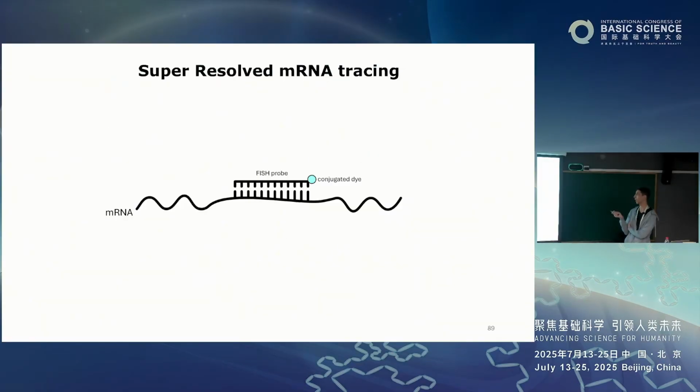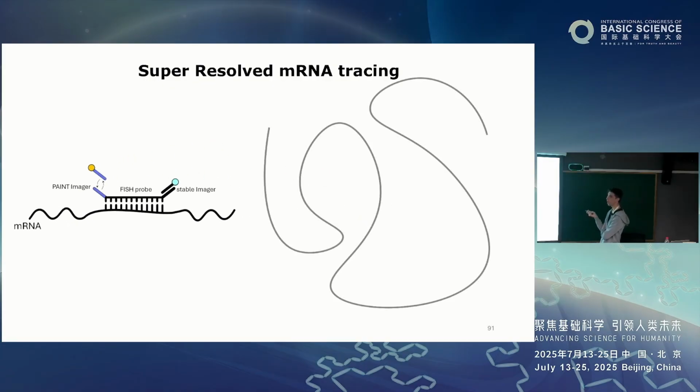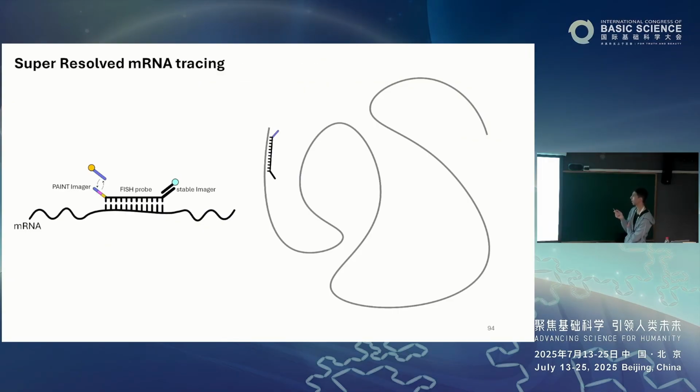So the way the experiment goes is that you make your primary probe with a stable imager to find your RNA and a transient imager that will do the super resolution. You choose one mRNA and you design all these primary probes that are going to be complementary to different sections of this RNA.